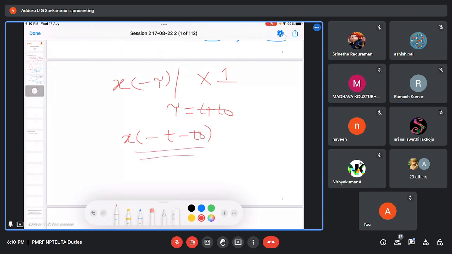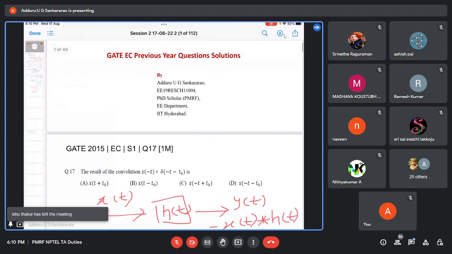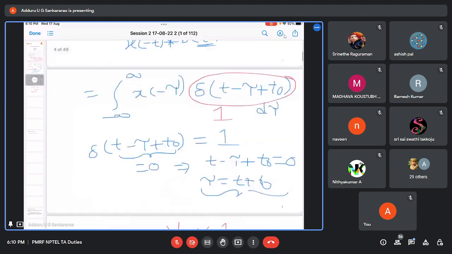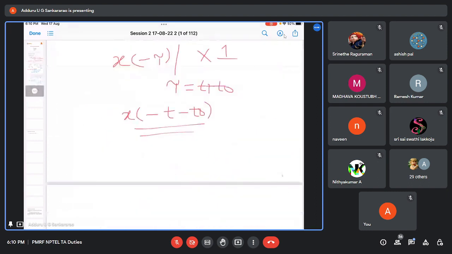So is this okay? So from this, yeah, D is the option, x of t minus t naught. Is this okay? Any doubts from this?